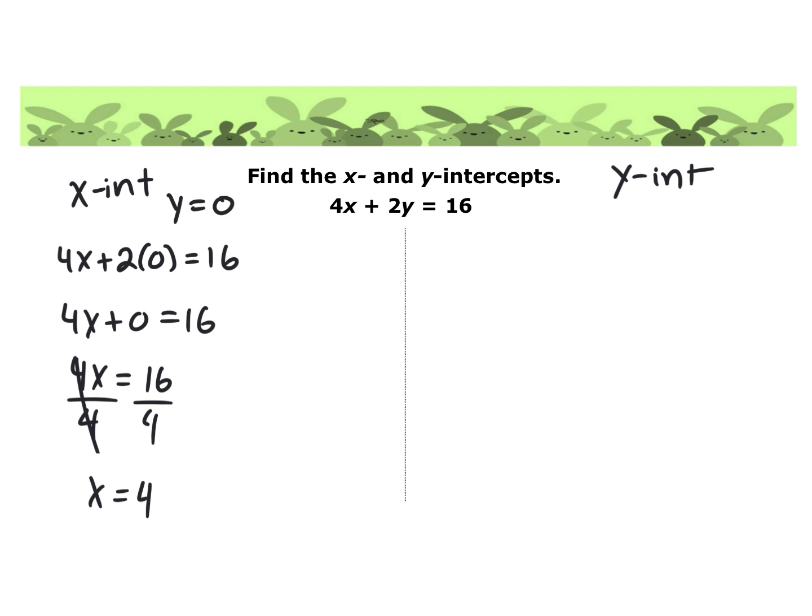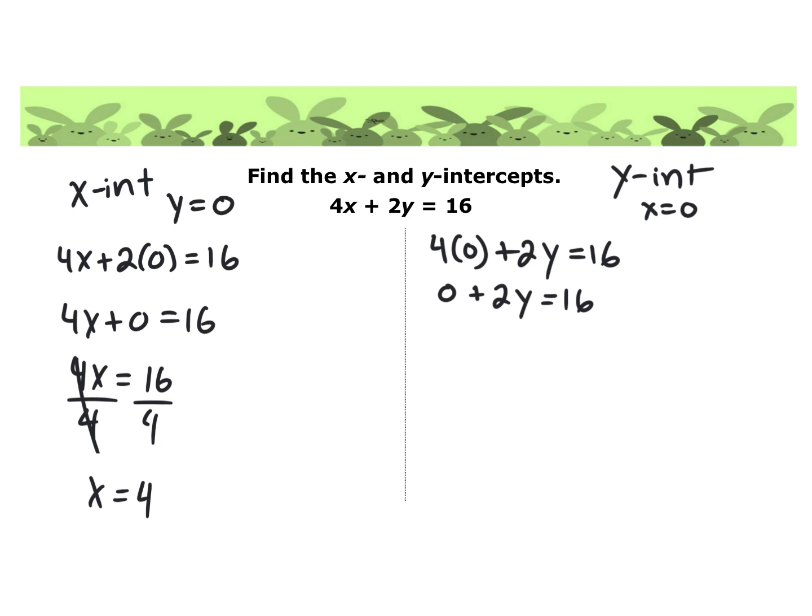Now for the y-intercept, we get the x to equal 0. So we're going to do 4 times 0 plus 2y equals 16. The zeros are going to cancel out. Well, 4 times 0 is 0, so that's why they cancel out. So we get 0 plus 2y equals 16.